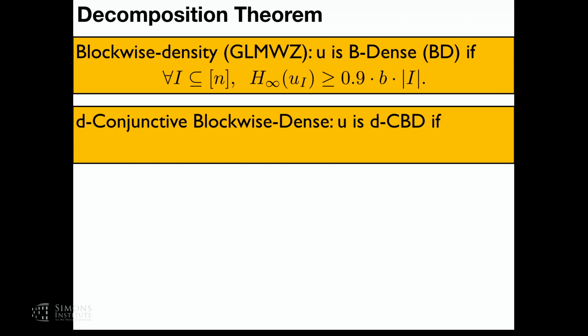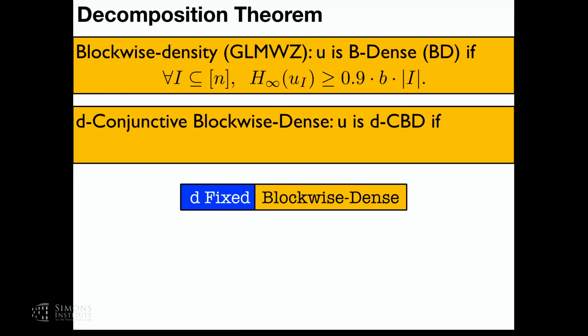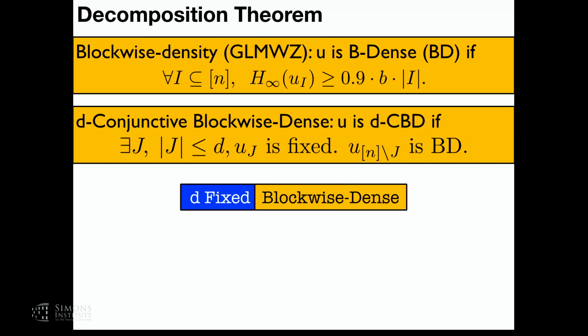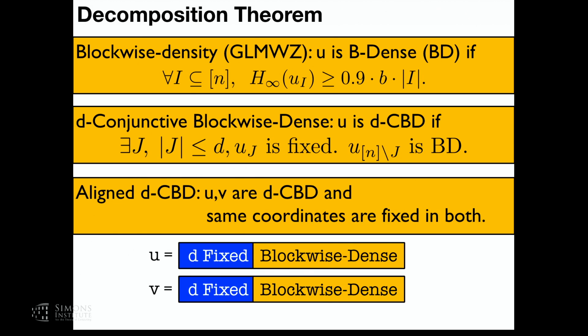Okay? And then there is conjunctive blockwise dense, which generalizes the second case that I mentioned before, which is basically blockwise dense with a few fixed coordinates thrown in. So here I have d coordinates which are fixed. The rest are all blockwise dense. And then there is aligned blockwise dense.